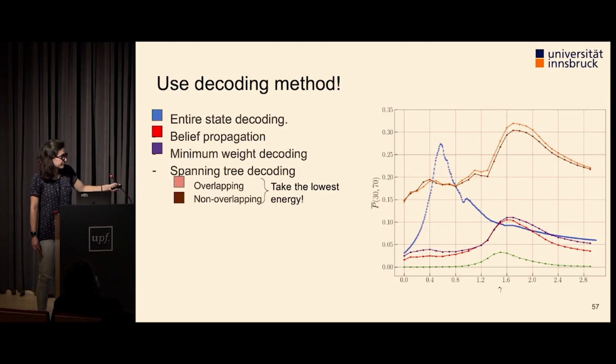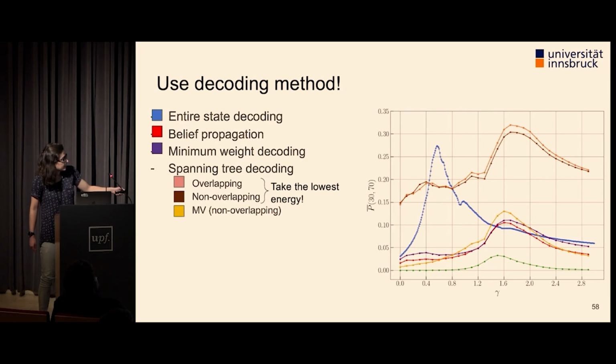This is something to note, because if we take these spanning trees, but instead of picking the lowest energy, we use a majority vote to select the final logical state that we want to find, we see that the performance is reduced back down to similar to the other decoding methods that we used previously.